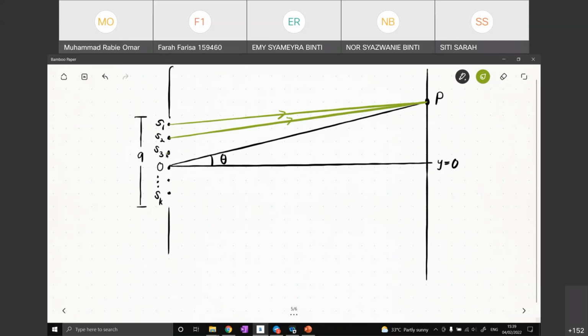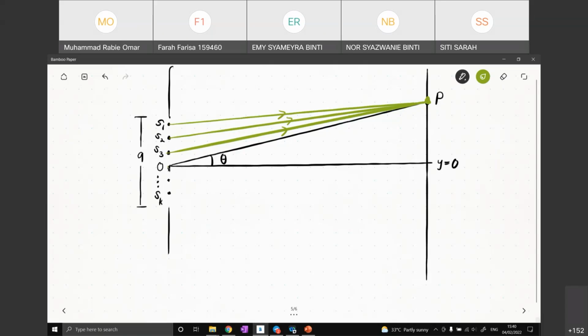And then I have another ray coming from source number 3, directed towards point P. The reason why I'm doing this is because I want to study the intensity of light at this particular position. So I have to consider all light rays that are directed from each of the sources here towards the position P. So I have to include as many as I can.